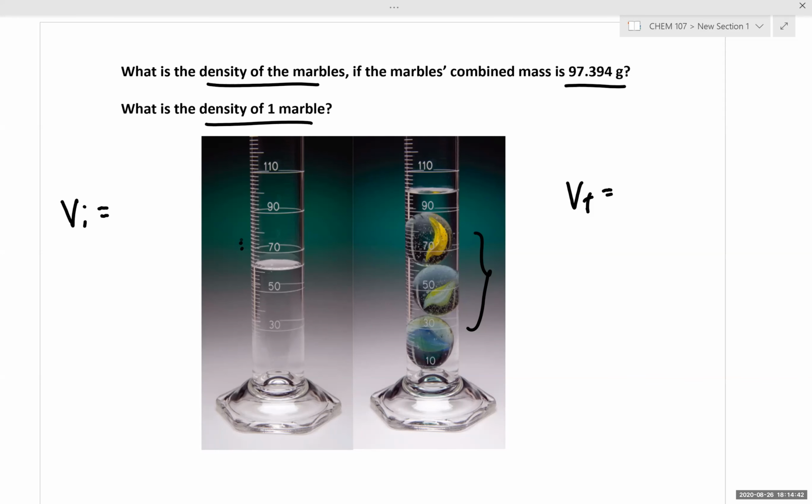And the responses I'm seeing in the chat look reasonable so far. Just make sure you're following the significant figure rules and paying attention to the significant figure rules for subtraction and division. And we'll discuss this example in about another 2 minutes.